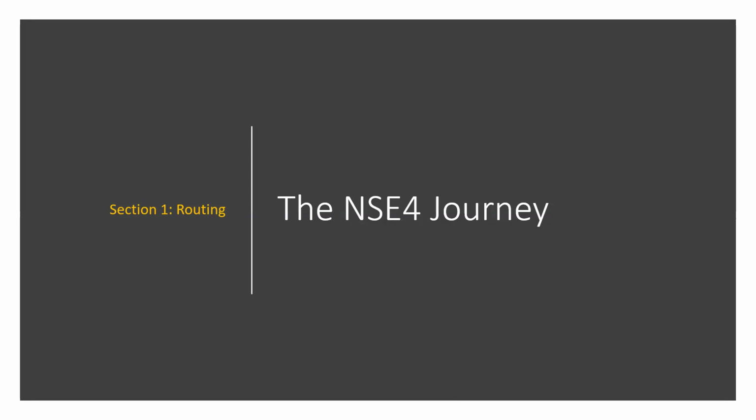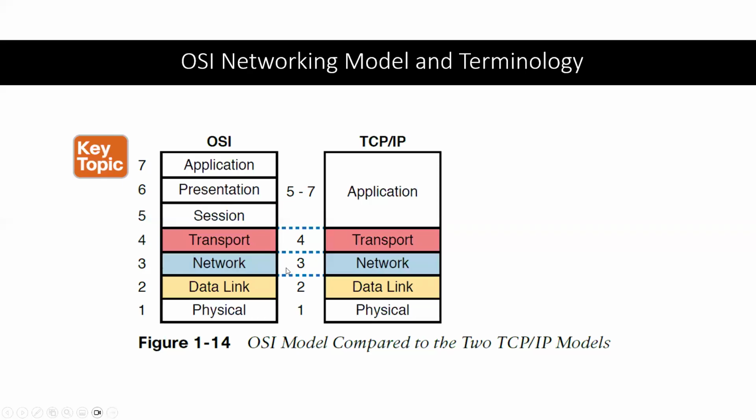We are now on the second section of the NSE4, where we are going over the infrastructure portion of the Network Security Engineer exam for Fortinet. The first section we're going to go over is routing. I told you guys, the core, foundational skill that you need to have is routing and switching.